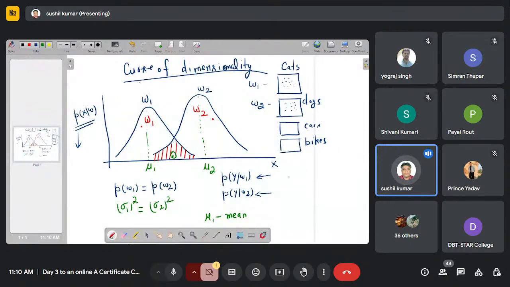So if you have 5 values in your data, 1, 2, 3, 4, 5, different values are there with you. What you will do, you will take these values and divide by the number of values in your data, here 5. That is called the mean. So you can calculate mu1, you can calculate mu2. Both means you can calculate here.